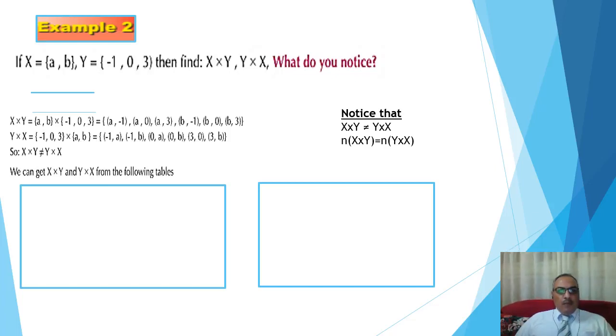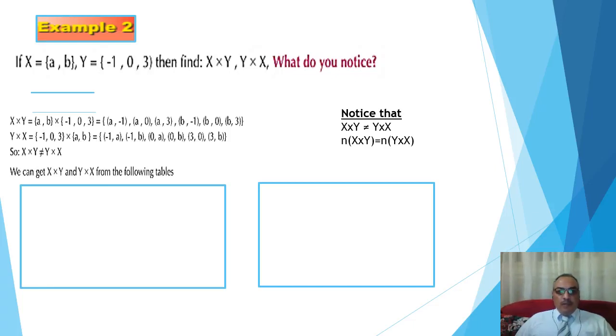So we need to learn the meaning of X product Y, not X multiply Y. This operation is not multiplying but is a product. So we learn the meaning of this operation.